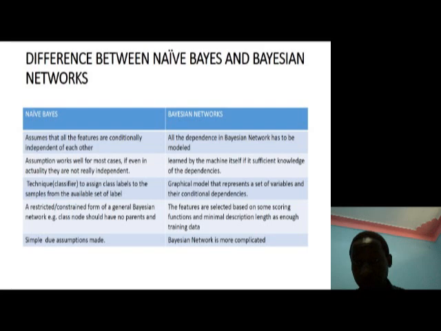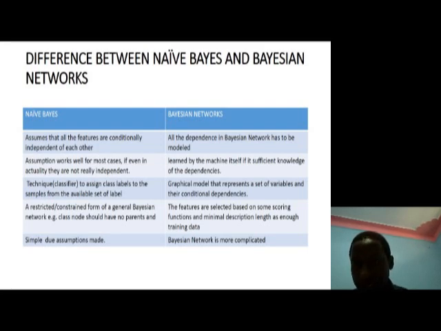The assumption works well for most cases, even if the features are not really independent. Then in Bayesian networks, dependencies are usually learned by the machine itself if it has sufficient knowledge of the current dependencies.